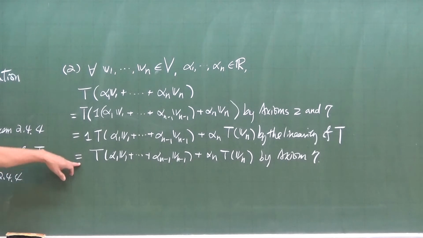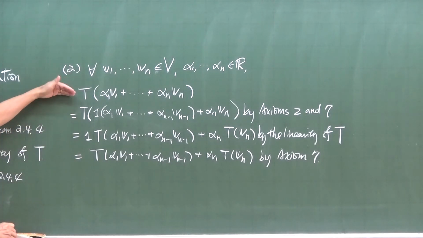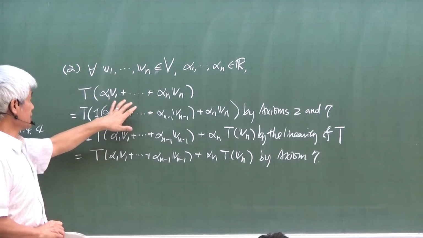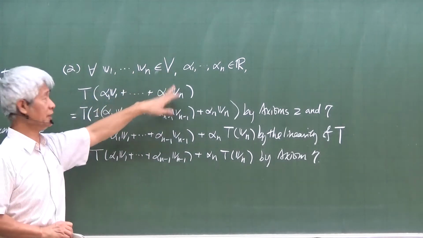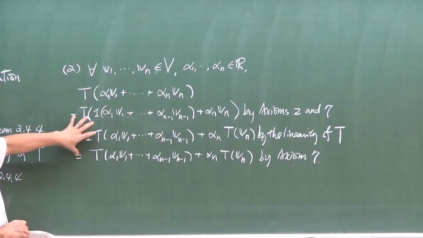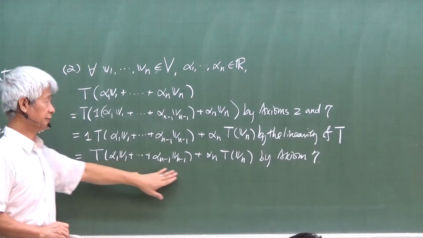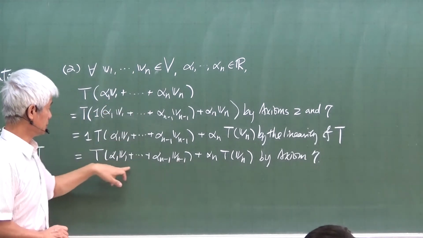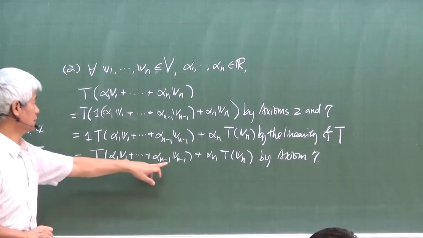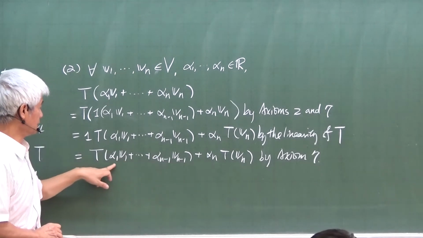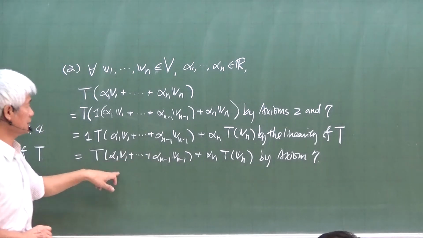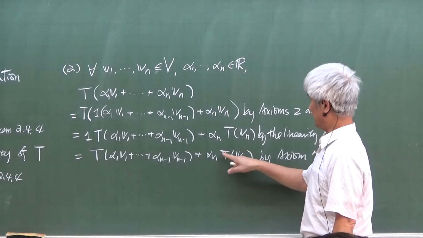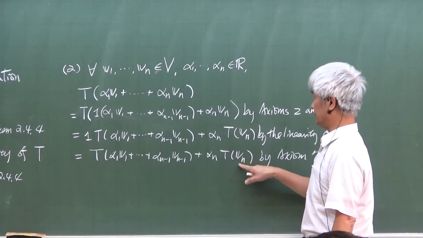we have this rule. So, starting from here, the image of a linear combination of n vectors in V becomes the sum of the image of the first n minus 1 vectors, V1 up to Vn minus 1, such a linear combination, plus alpha n multiplied with the image of Vn.